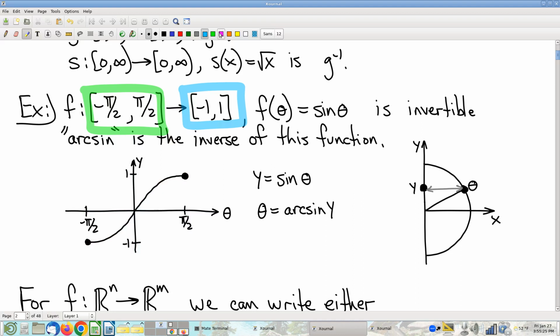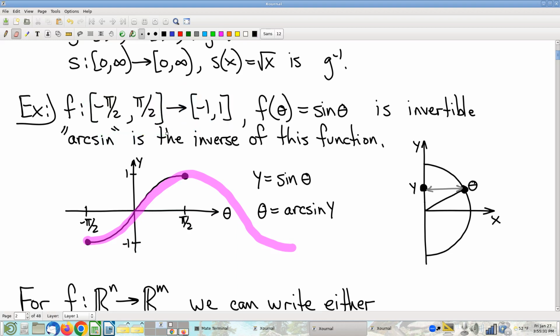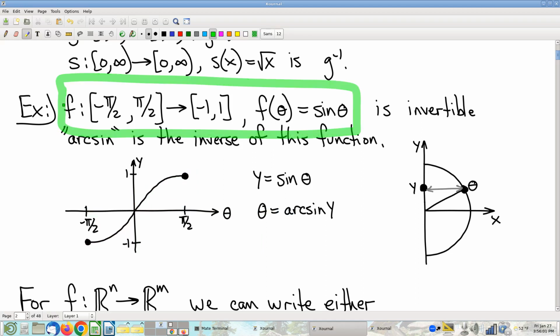If I had said I'm going to look at, like this, from negative pi over 2 to 3 pi over 2, if that's my domain, well, then for this y value, there's multiple different angles that give you the exact same value of the sine function, and so not invertible. Yep, exactly.